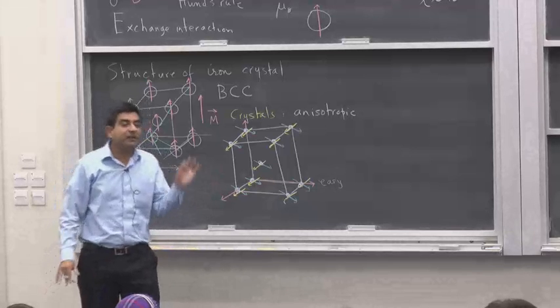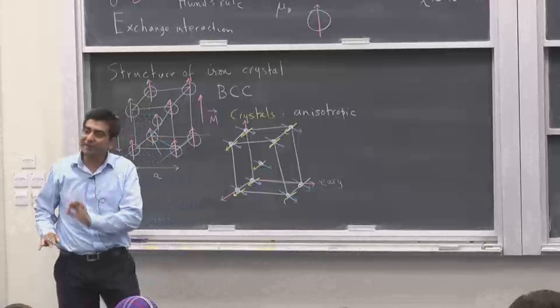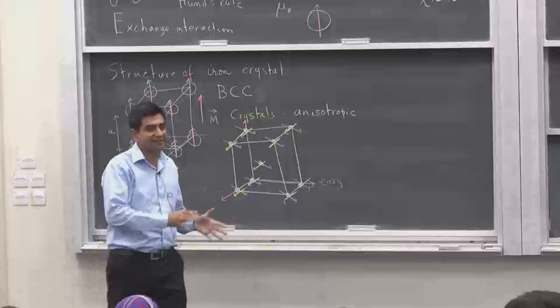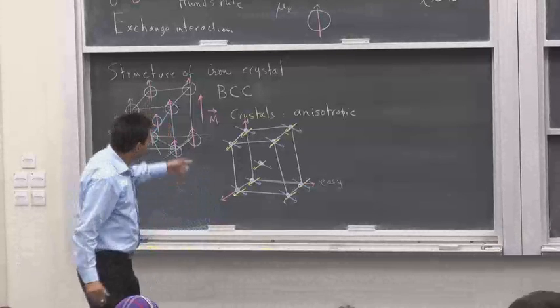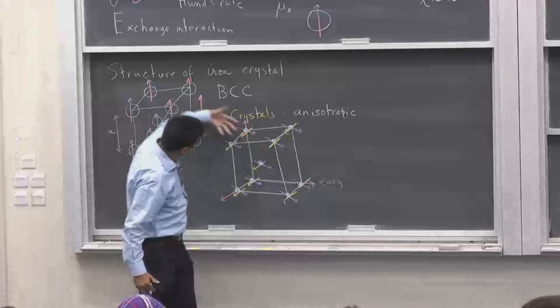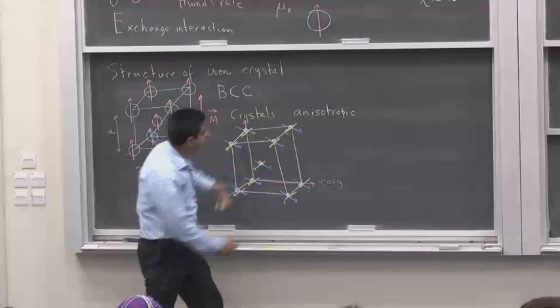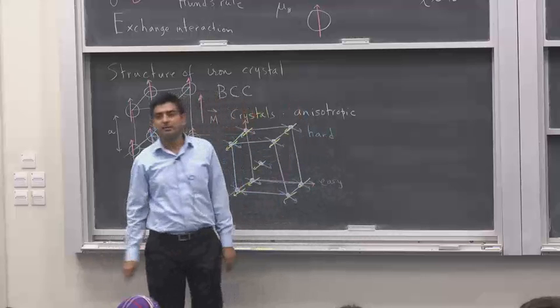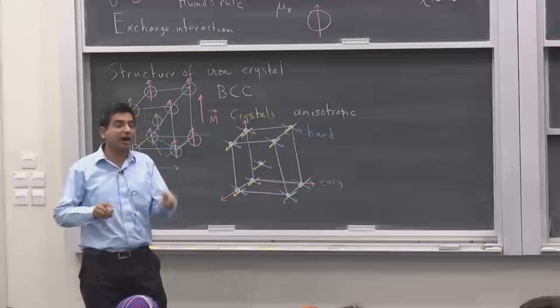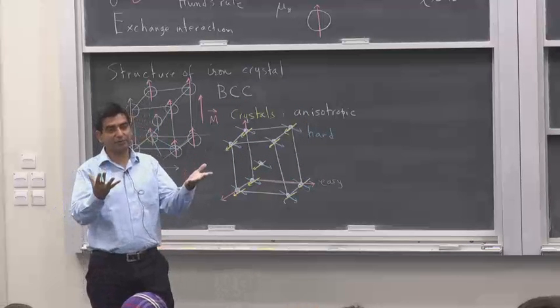There are certain preferred axes along which the magnetization would like to align itself because of the anisotropy of the crystal. The axis that I've drawn, along a face diagonal, is an example of a hard axis, because if the magnetization points along the hard axis, the energy of this crystal is going to be larger.